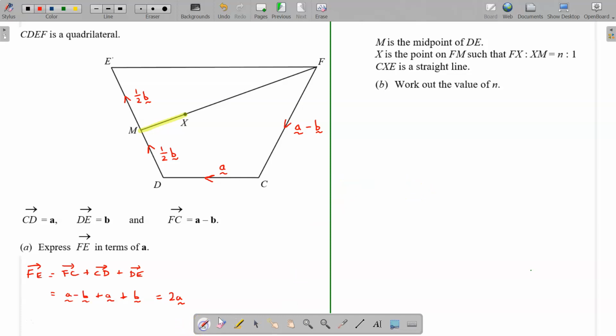So let's just see what that would be. I'm going to start by writing that the journey F to M is 2a, because we worked out that that was 2a. And that's equal to 2a minus a half b.